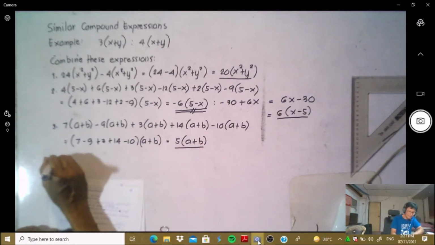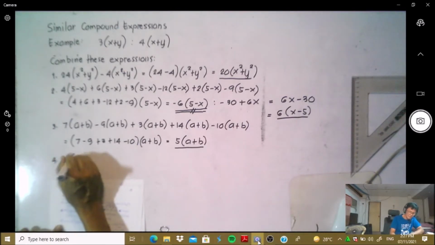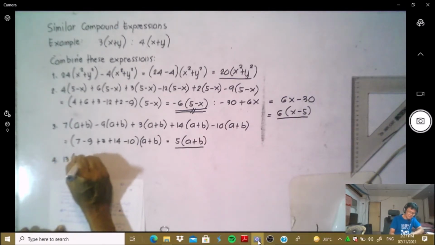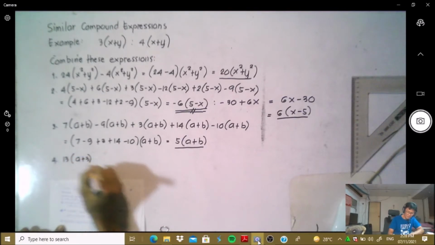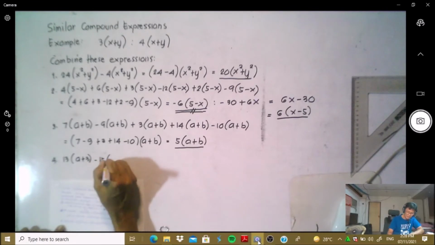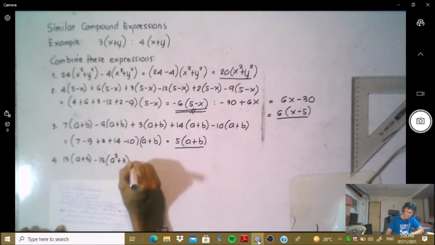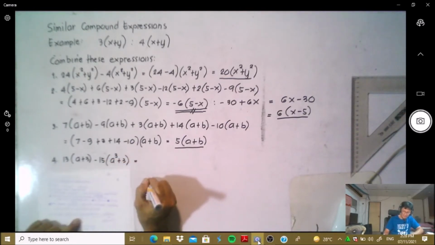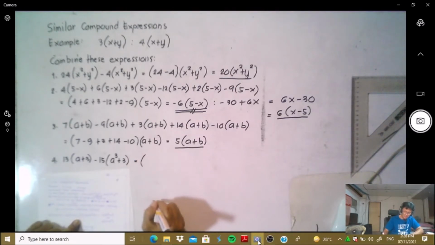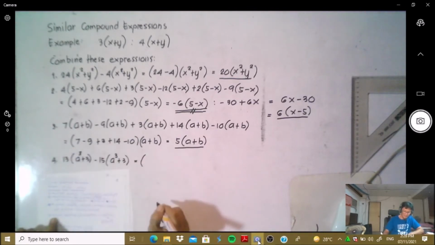Then for number 4, we have 13 multiplied by a cubed plus 3 minus 15 multiplied by a cubed plus 3, and this is equal to, okay, let's factor out a cubed plus 3.